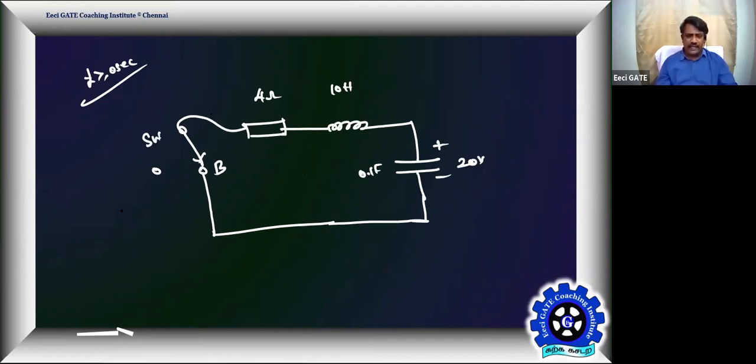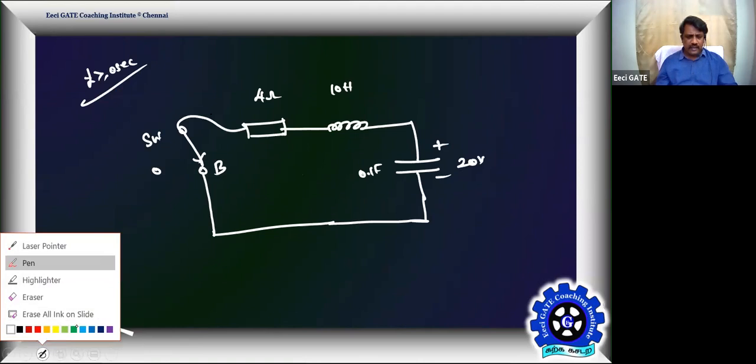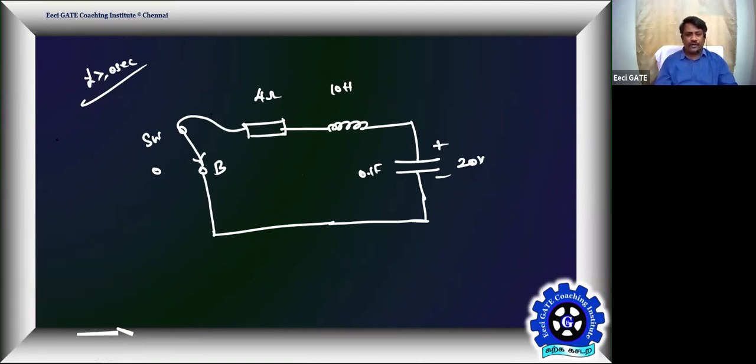Here, for time t greater than or equal to 0 plus, we know the current through the inductor is 0. Vc of 0 plus will be equal to Vc of 0 minus, which is 20 volts. Now, in what direction do we need to put the current for t greater than 0 seconds?